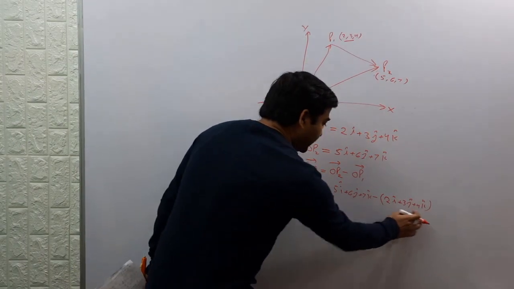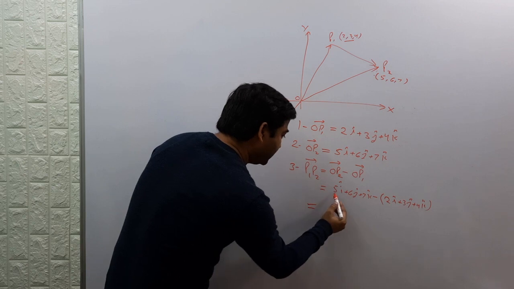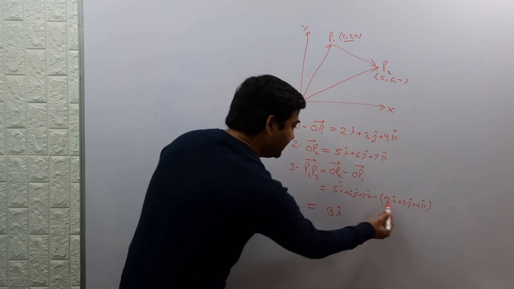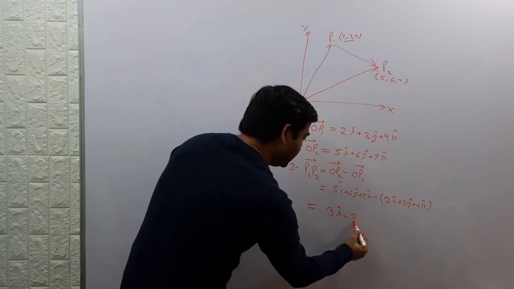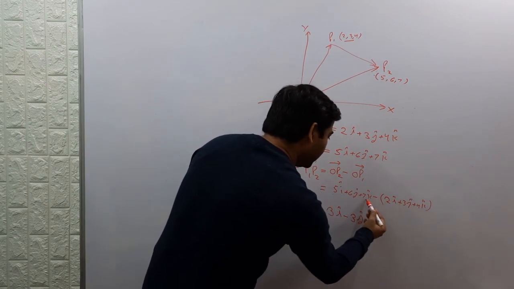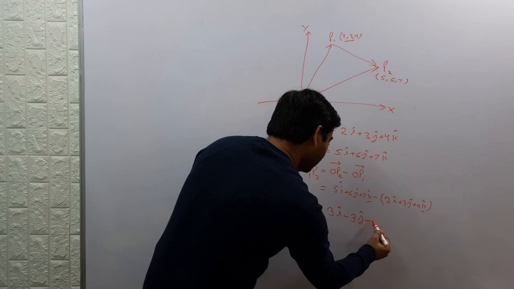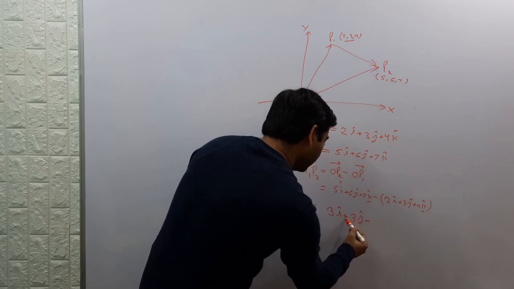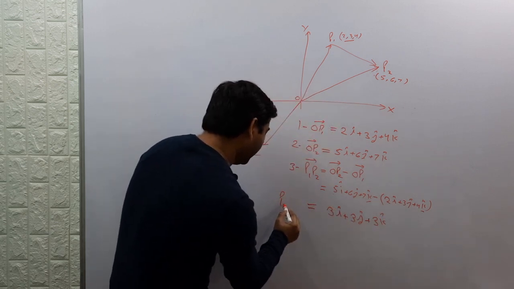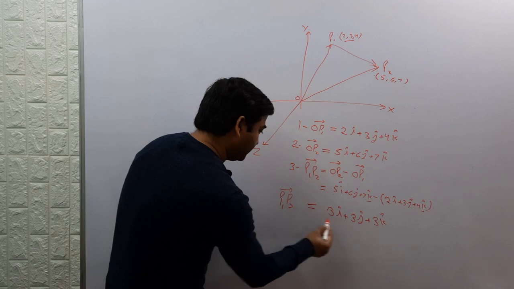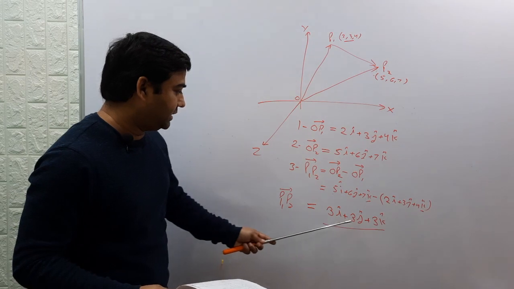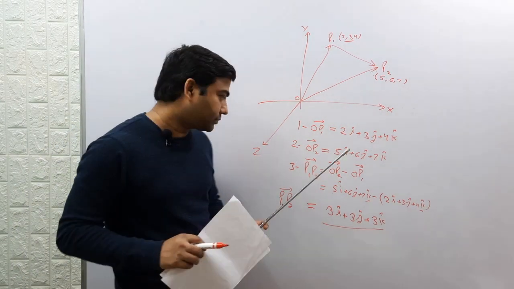But here we can algebraically find the vector: 5i minus 2i is 3i, 6j minus 3j is 3j, 7k minus 4k is 3k. So vector P1P2 is 3i plus 3j plus 3k.